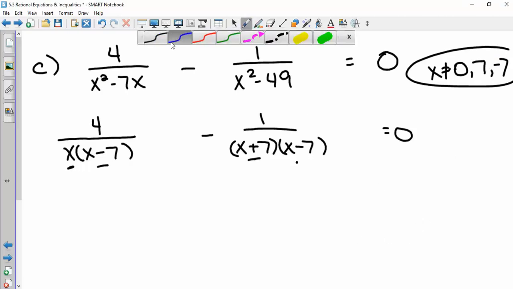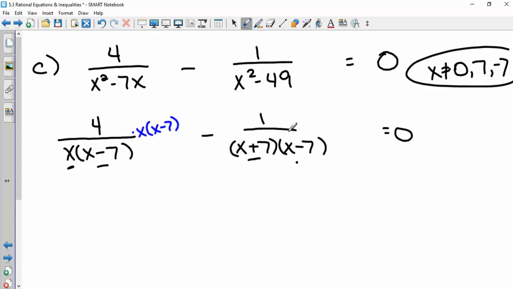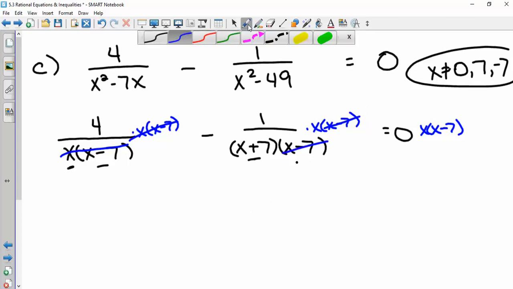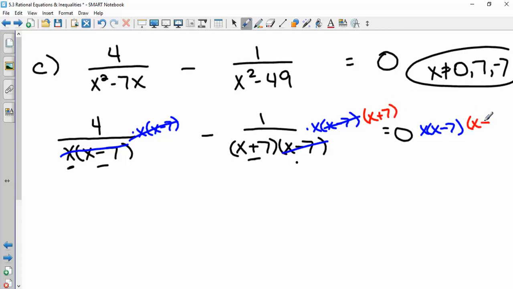So for the first fraction, you have to multiply by everything that's on the bottom. So an x and then x minus 7. And you take that times everything. So this cancels entirely. And this one, the x minus 7 drops out. We still have an x plus 7 on the bottom, so now we take everything times x plus 7. So then those drop out, and all of the fractions are gone.